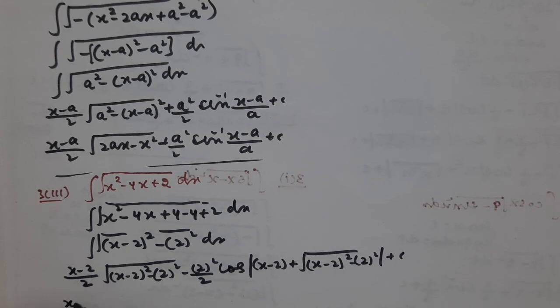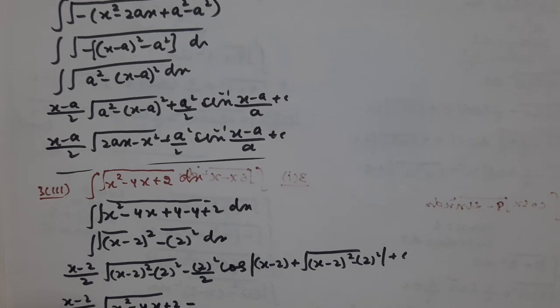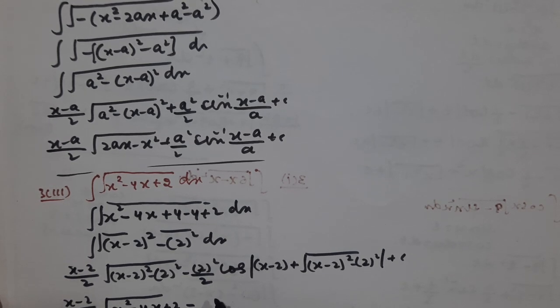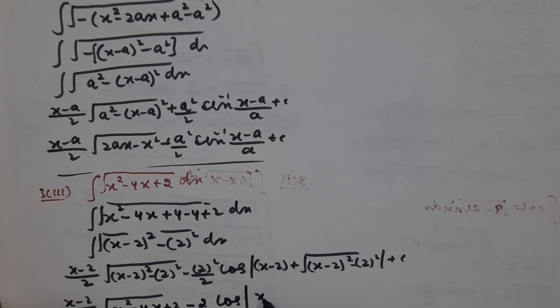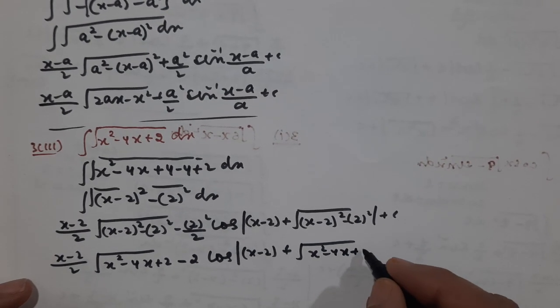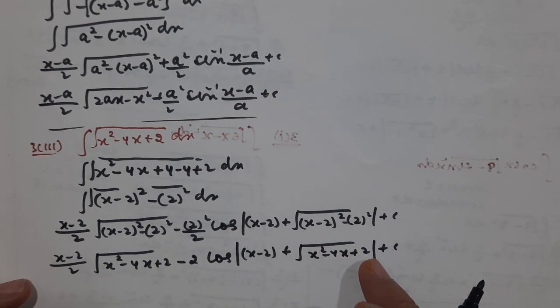So what we get: x upon 2 under root x square minus 4x plus 2 minus, now if we match the answer, and here we get 2 log x minus 2 plus under root x square minus 4x plus 2. On solving it, we get plus c.